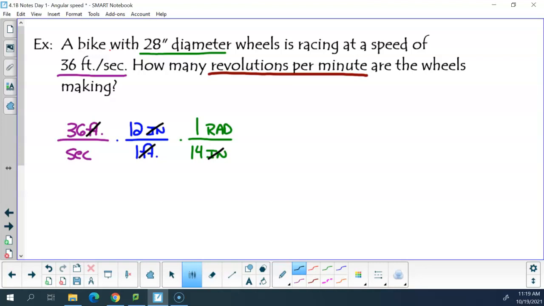1 revolution is 2 pi radians, which is 2 pi radii. So now I'm in revolutions per second.